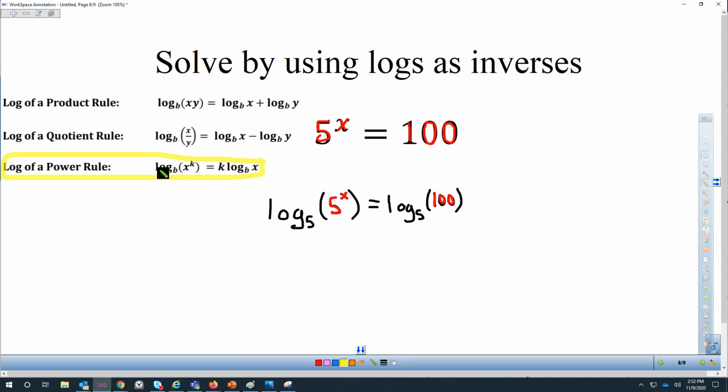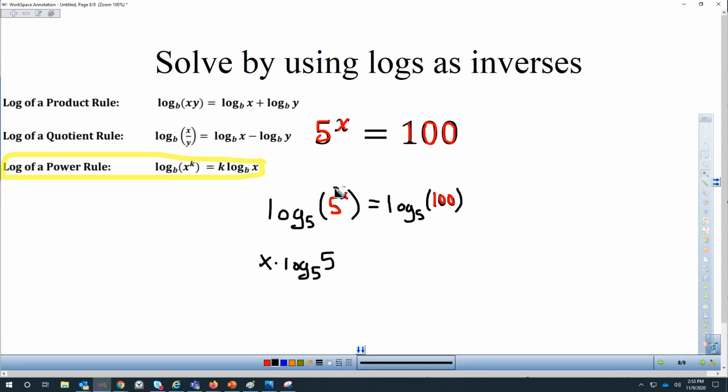And so this is telling me that I can rewrite this as that power times the log base b of x. So in this case, that is going to end up being the exponent, which is x, multiplied by log base 5 of 5.